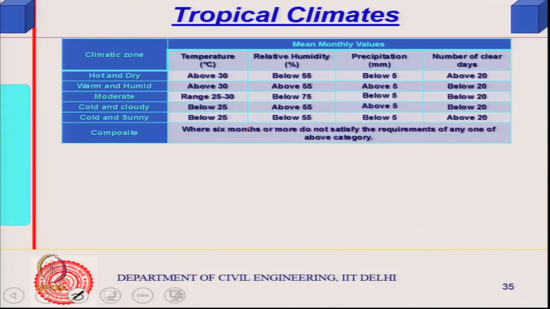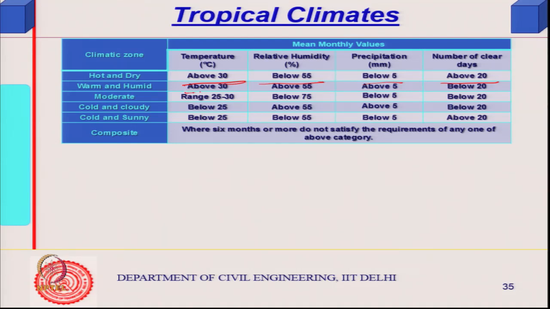So that's given here. For hot dry, summarized mean monthly values: temperature above 30, relative humidity below 55, precipitation below 5, and the number of clear days in a month above 20. So from monthly data you can find this out.